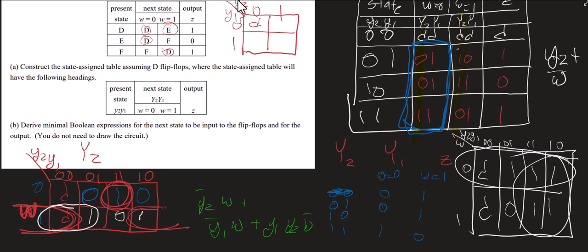If it's 0, 1, we have 1. If it's 1, 0, we have 0. And if it's 1, 1, we have 1. And so Z equals Y1. Questions?